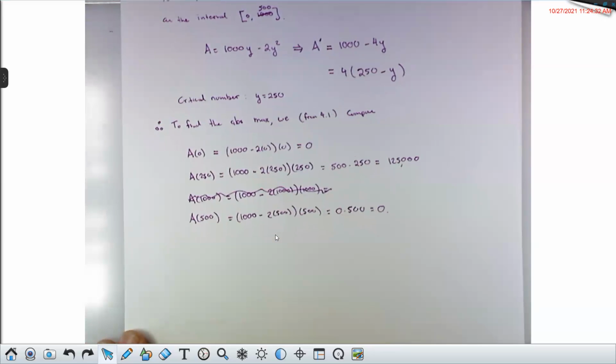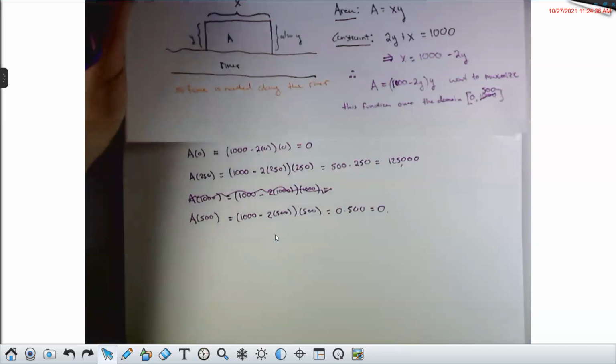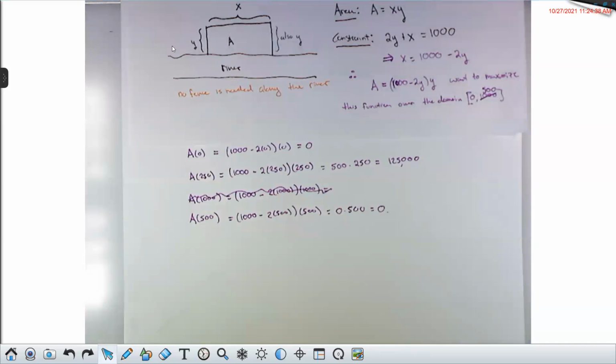Yeah, sorry about that. So from our picture, we can see that the domain is not 0 to 1000. Y could not possibly be 1000 feet because that would mean I use 1000 feet of fence here and 1000 feet of fence here. But I only have 1000 feet of fence to work with. So the smallest y value I could use is 0. The largest y value I could use is 500, not 1000. So we compare the function at our critical number to the function at the endpoints.